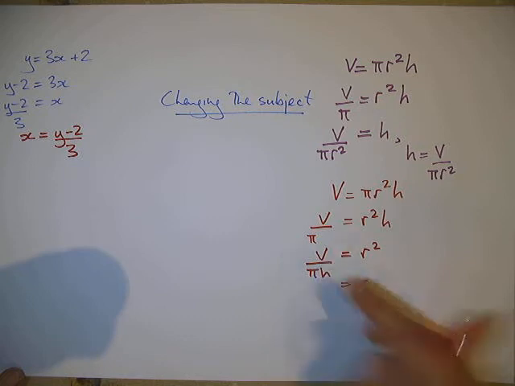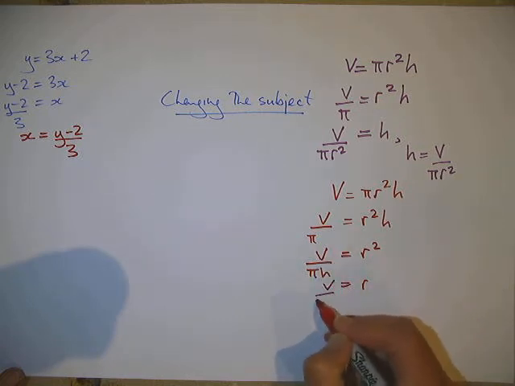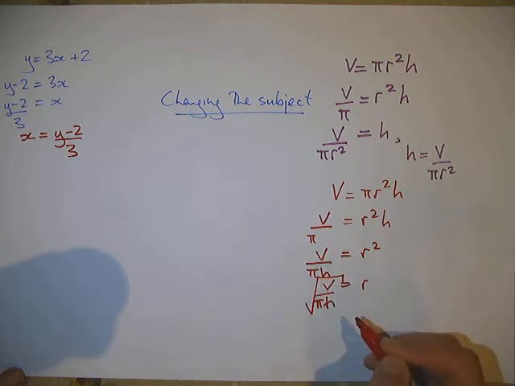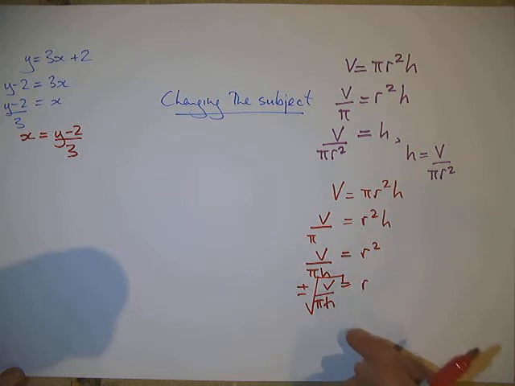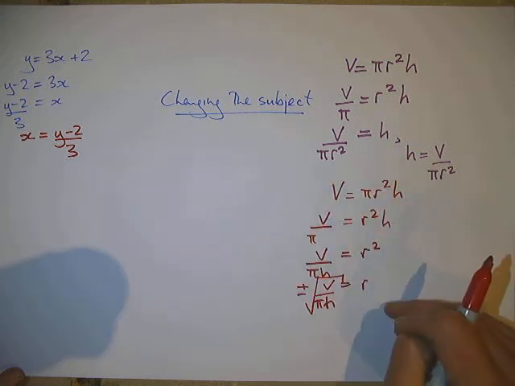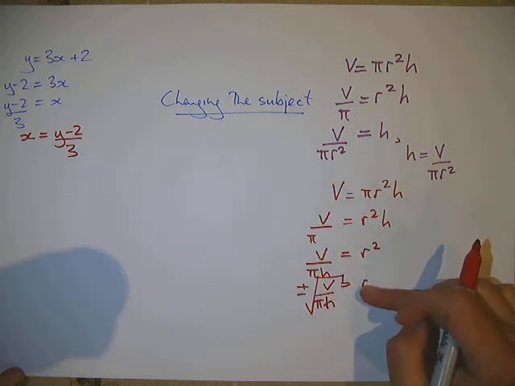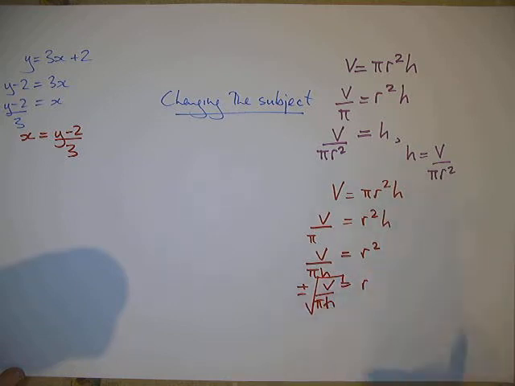But remember, if r squared is this, when I put the root sign in, I'd have to put plus or minus that. R could be plus or minus that. Now, context might tell us if r has to be a radius, because perhaps the negative isn't appropriate. But in the abstract it is.